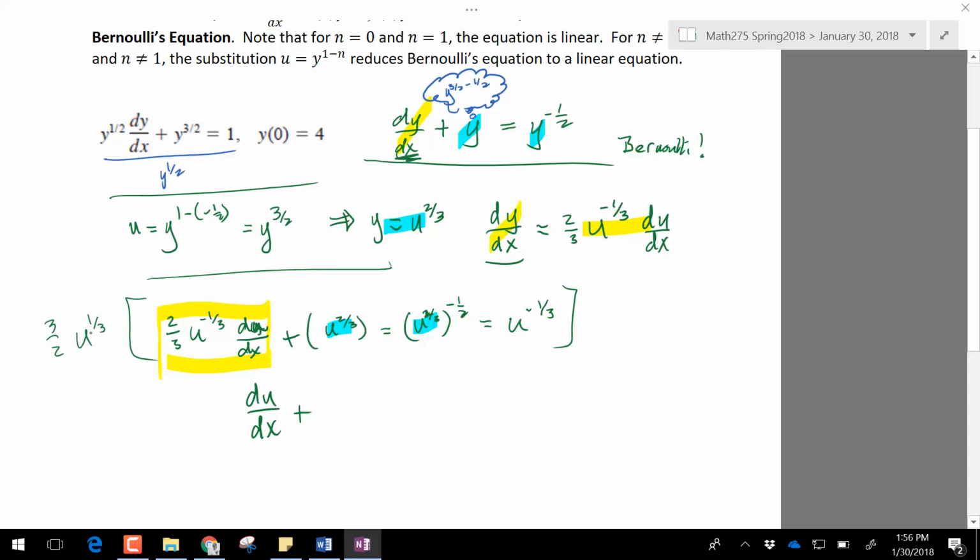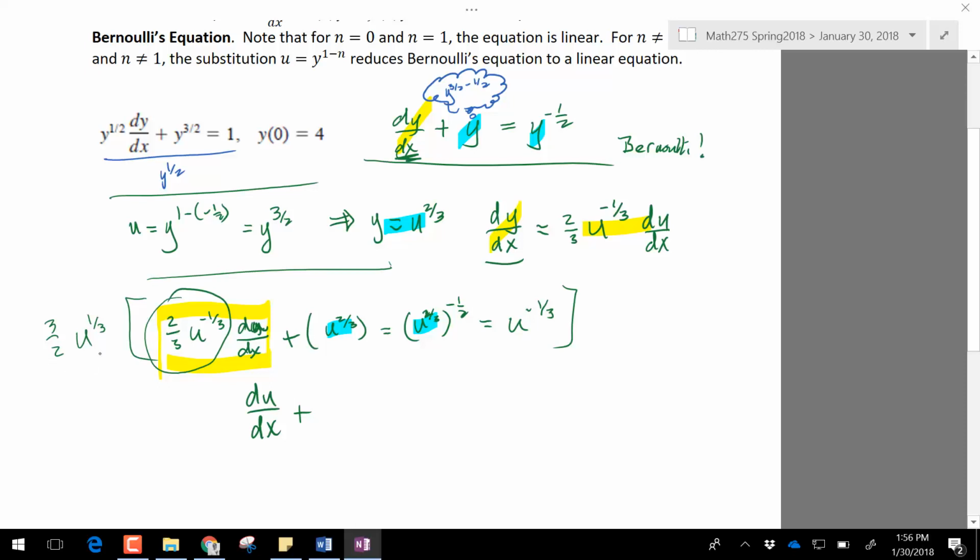Is that the correct way to do this? If I want to get rid of the coefficient of du dx, I would multiply by the reciprocal, and I think this is the reciprocal.